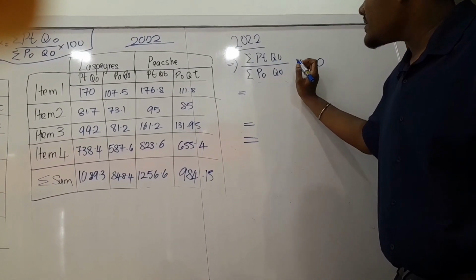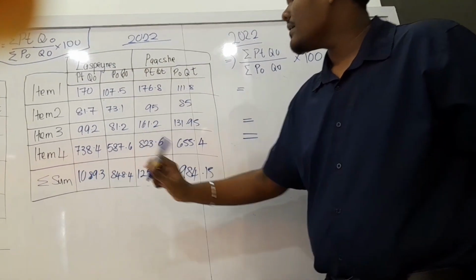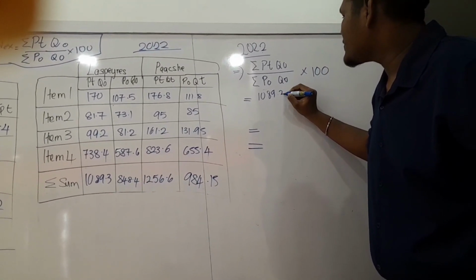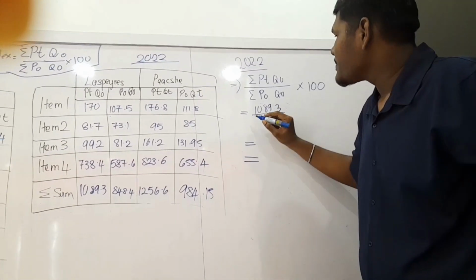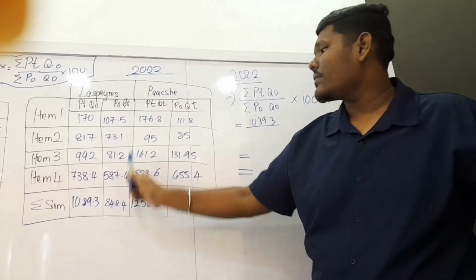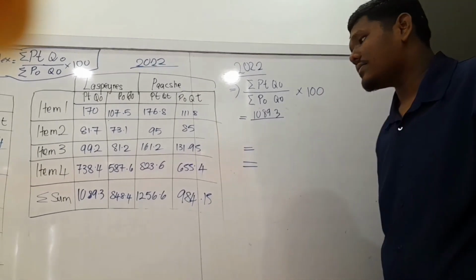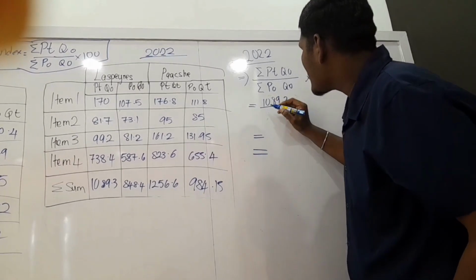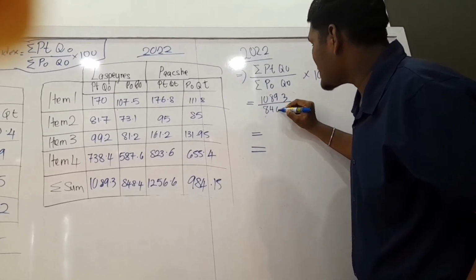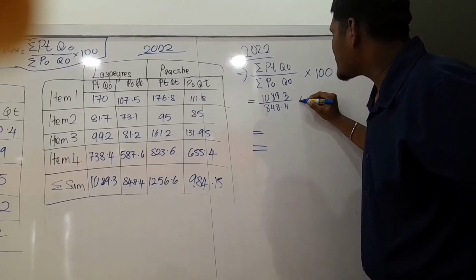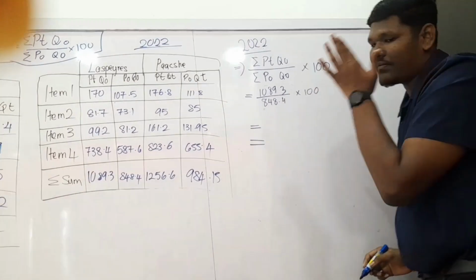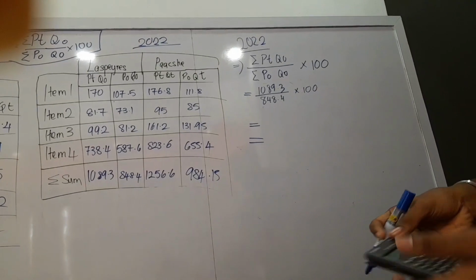So the sum of PT and QO for 2022 is 1089.3 over the sum of POQO, which is 848.4, times 100. Alright, so we do this first. So let's complete it.